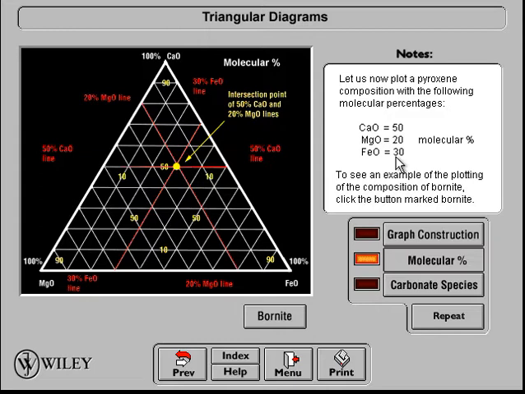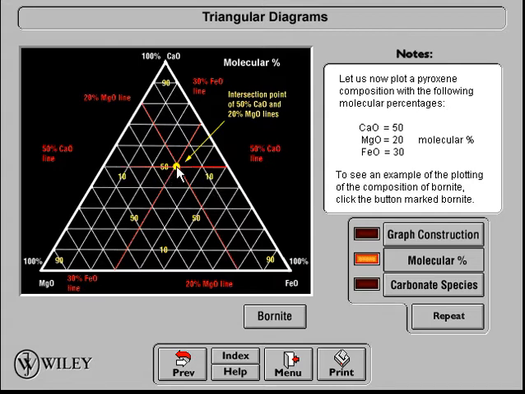That could be, for example, the diopside. To see an example of the plotting of the composition of bornite, click the button marked bornite. Yeah, this is now a pyroxene, and that is a diopside.